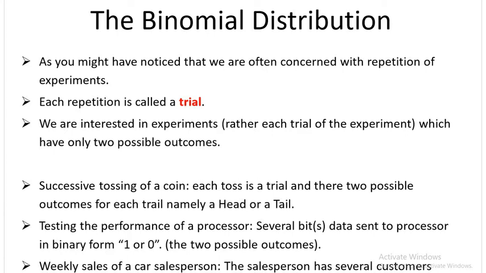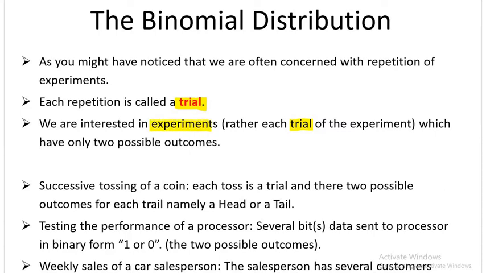Let's say one random experiment consists of 10 tosses of a coin, then one toss of a coin will be called one trial. So we are interested in each trial of an experiment. A trial is repeated a certain number of times to make it an experiment, all right?